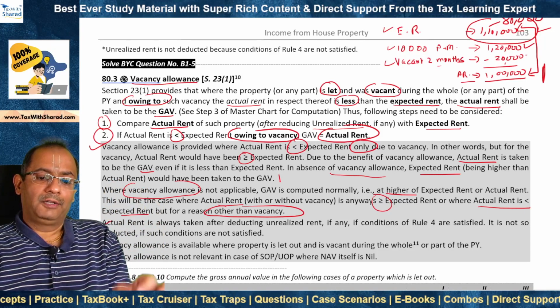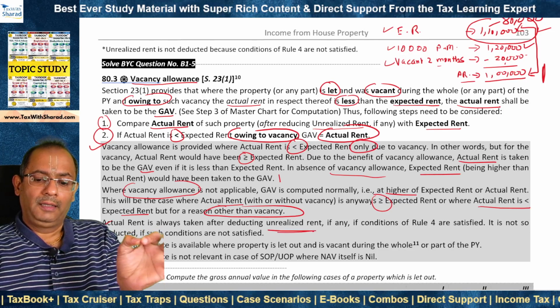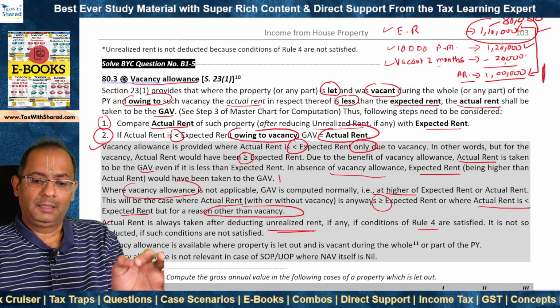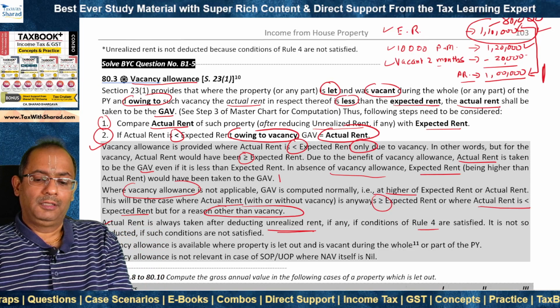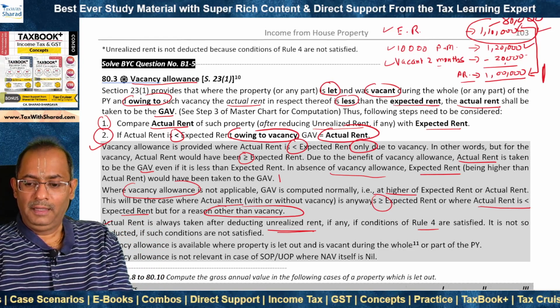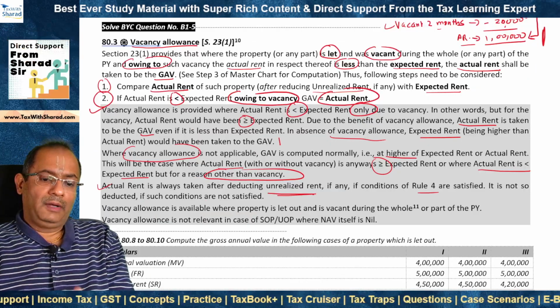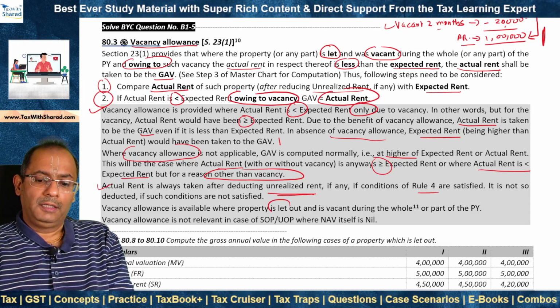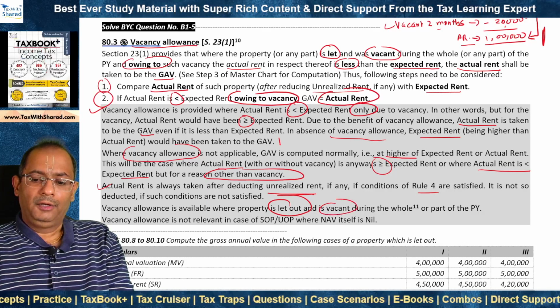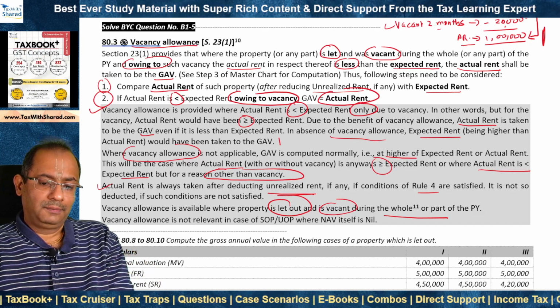Now, as we noted above, actual rent should always be taken after deducting unrealized rent if Rule 4 conditions are satisfied. And if those conditions are not satisfied, unrealized rent will not be deducted. Vacancy allowance is available where the property is let out and is vacant during the whole or part of the previous year.